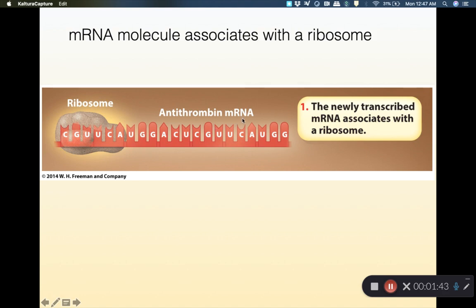So, what happens at this stage is the mRNA, again, your book is using this example of the antithrombin protein cycle, binds to the ribosome, and there are specific parts of the ribosome that do specific things, and I've included a really great visualization of both transcription and translation that really go through each of these steps specifically. So it would be great for you to watch that video and follow along with these lecture tapes as well.